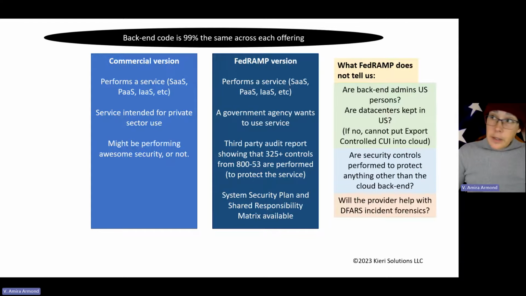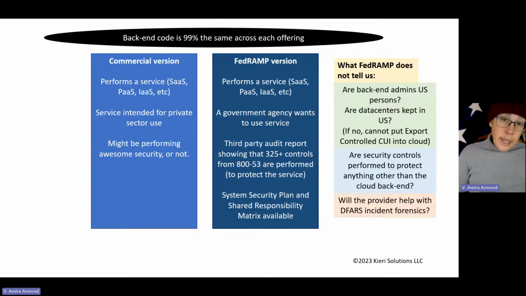But 853 does not say hire only US citizens. It does not say only have data centers inside of the US. Okay, or if it does, it's at a high level, which is not the FedRAMP moderate level that most clouds are striving to reach, right?